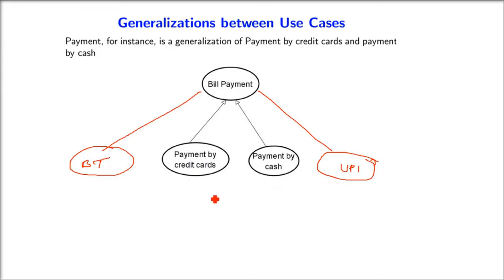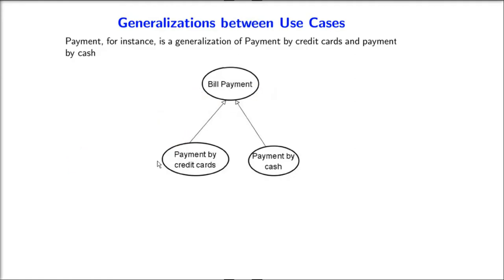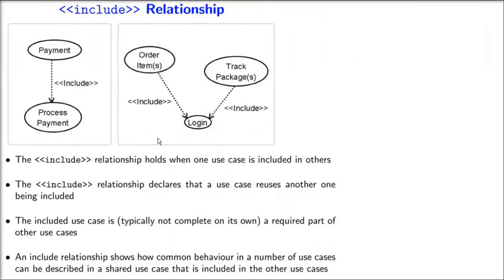You need to have some specific subsets also. So payment is the generalization of payment by credit card, payment by cash, payment by UPI, and payment by direct bank transfer. This is generalization. The arrow has to be from the lower to upper with a triangle.